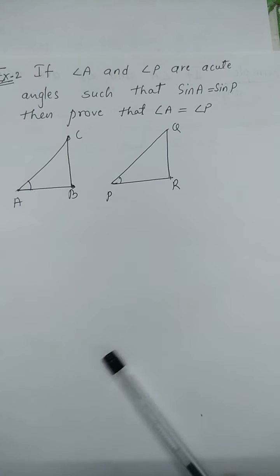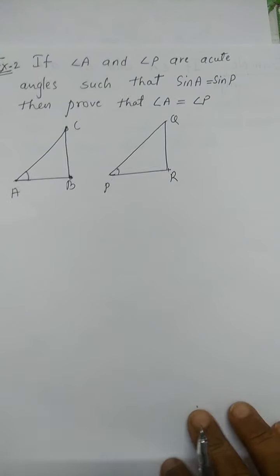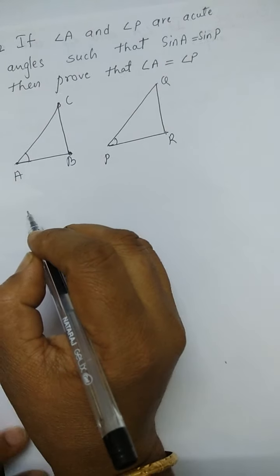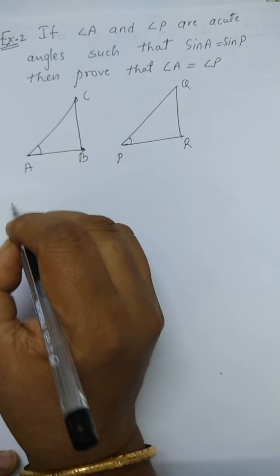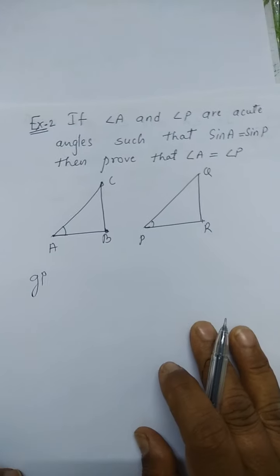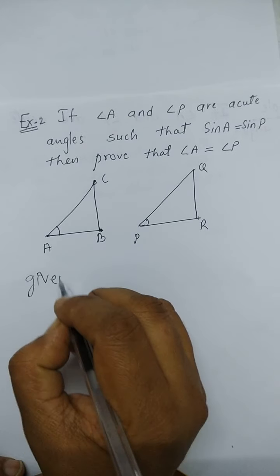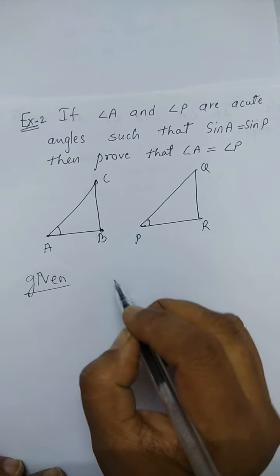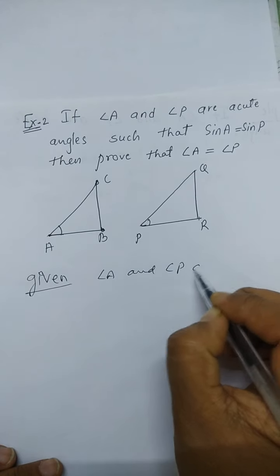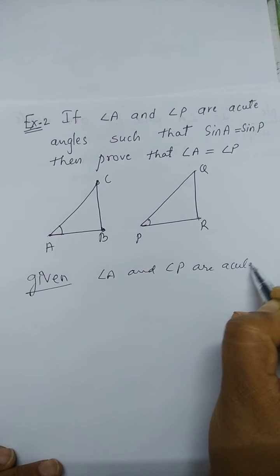Whenever you start a problem to solve, what you have to do first is write down what is given. The given condition is: angle A and angle P are acute.